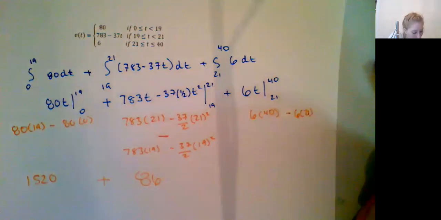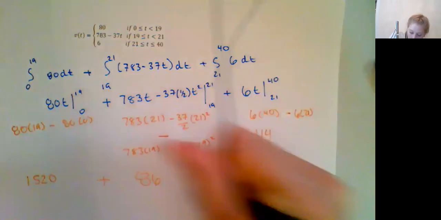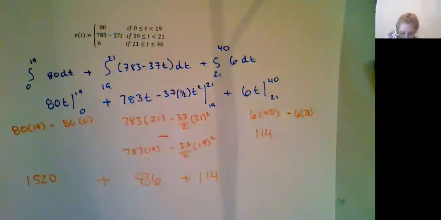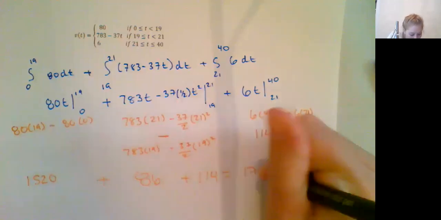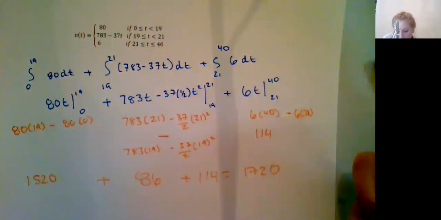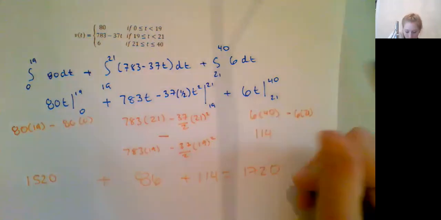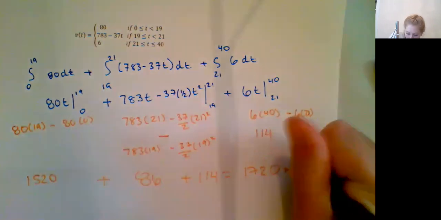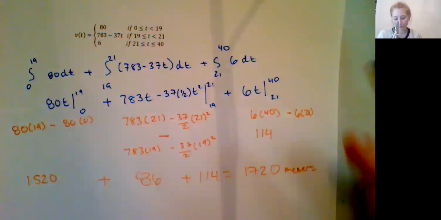Okay, and when I did that, I got 114. Okay, and so then I'm going to add all that together. I'm going to get 1,720 meters. Okay. All right, so just got a little bit more.